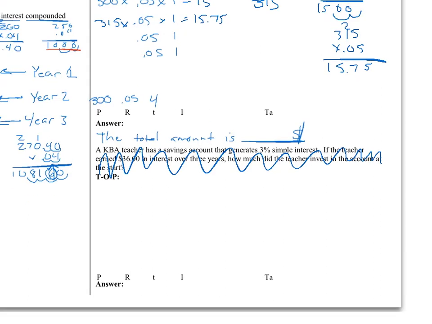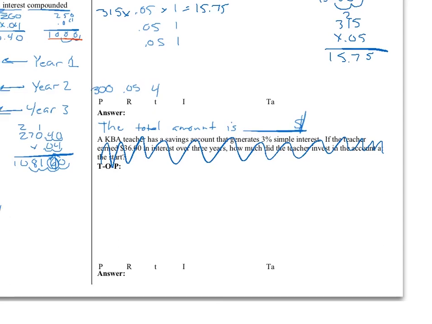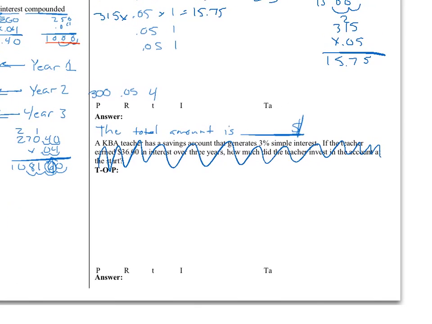So again, thinking about this like it was a new problem, some people get confused and they start trying to add the $15.75 to like the original $300. That's not where you started this year. You started this year at $315. Okay? So what we're going to do is we're going to add that $315 that we started with, plus the $15.75 of interest that we earned this year.